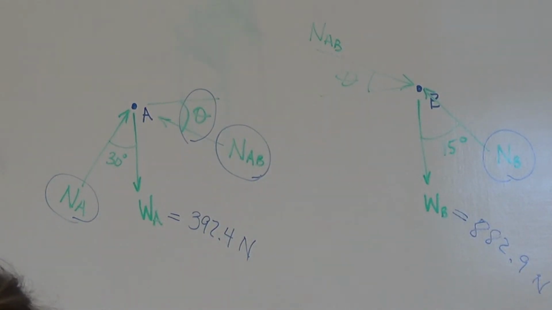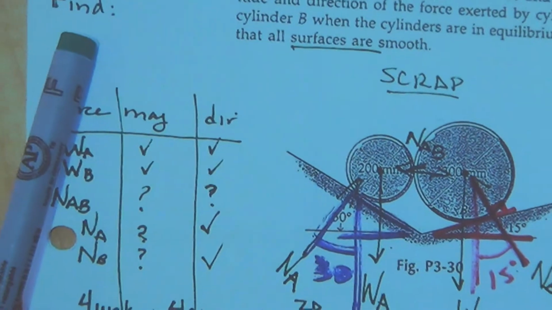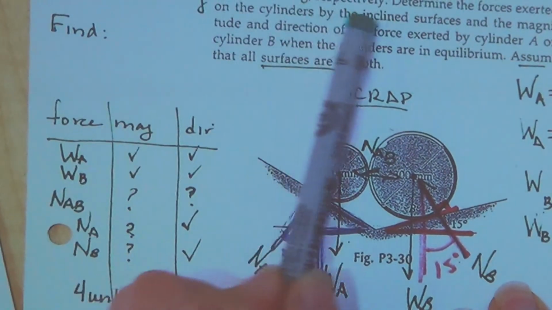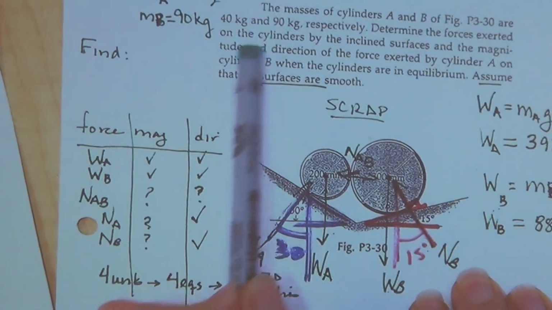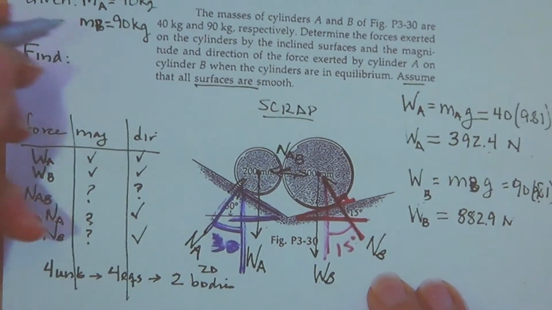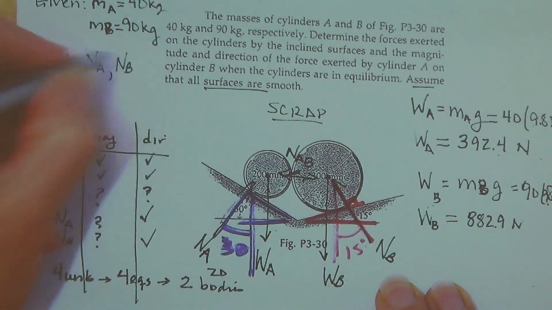So let's go back to the problem, because remember, we never put in what we have to find. And I wanted to make sure that I was using the right variables. So it says, determine the forces exerted on the cylinders by the inclined surface. So what's that? NA and NB.